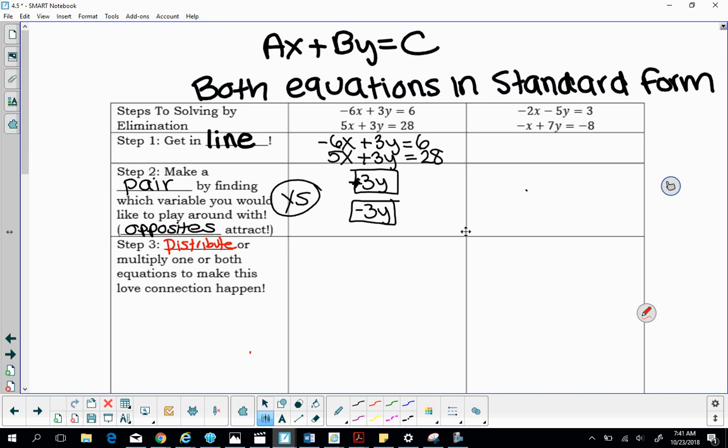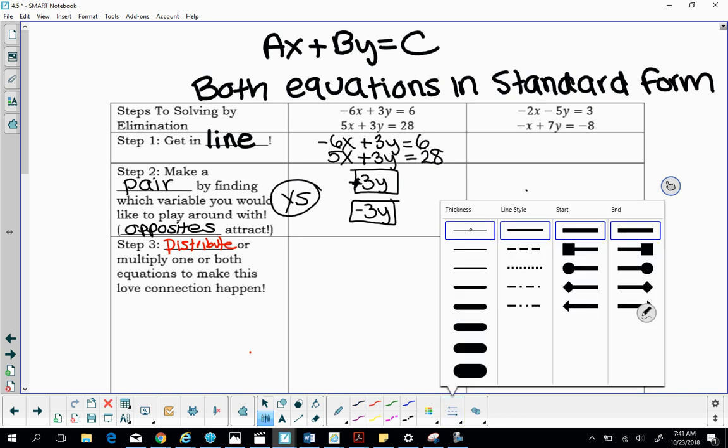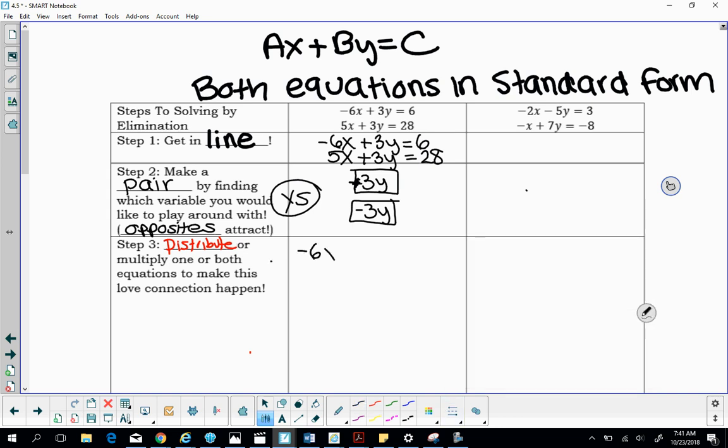And so I'm going to write down the original equations one more time right here. -6x plus 3y equals 6, and 5x plus 3y equals 28. I need to make one of them negative. What number can I multiply that makes something change signs?